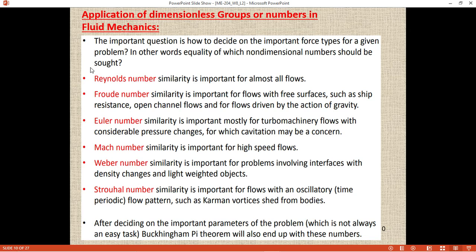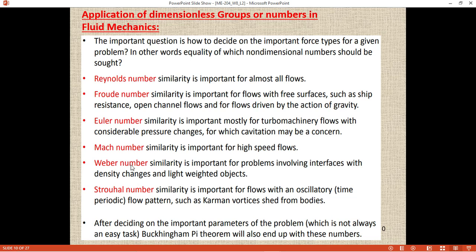So the important question is how to decide on the important force type for a given problem. Which forces are involved in this problem, and which combination should we use? In other words, equality of which non-dimensional numbers should be sought?